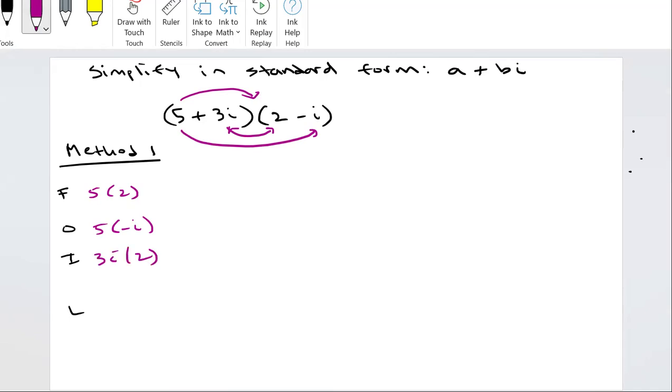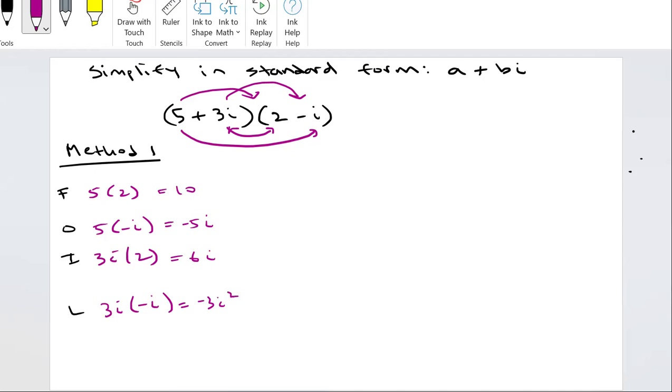And then the last terms are going to be 3i and -i. Okay, so we're going to get 10 - 5i, 6i, and -3i squared.